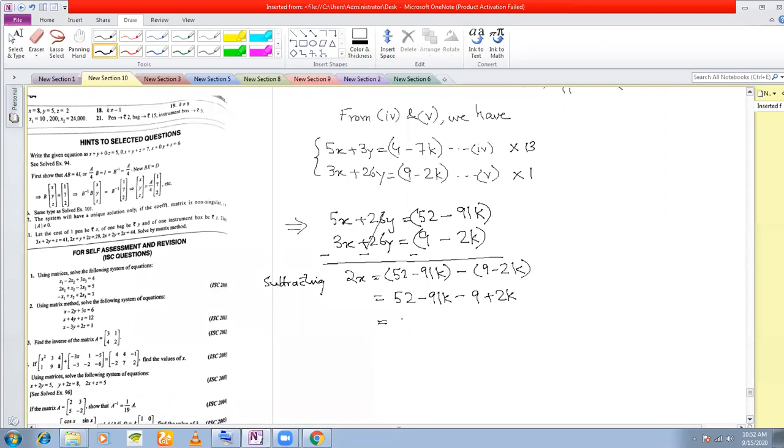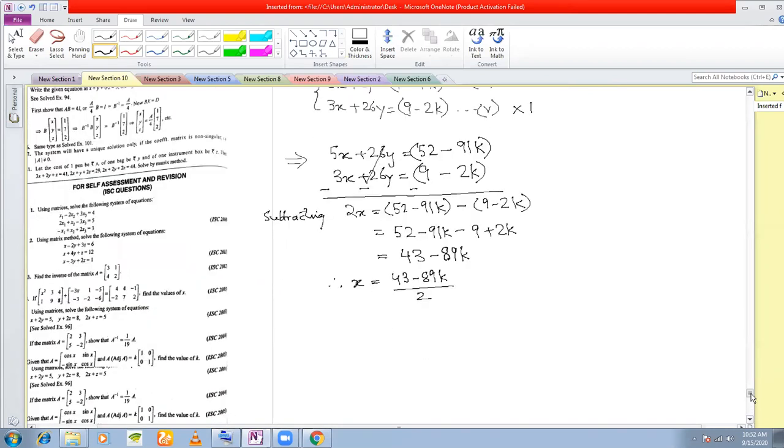So what you get here is 52 minus 9 is how much? 43. And 91 minus 2 is 89k. Okay. So therefore, what is the value of x that you are getting? You're getting 43 minus 89k divided by 2.